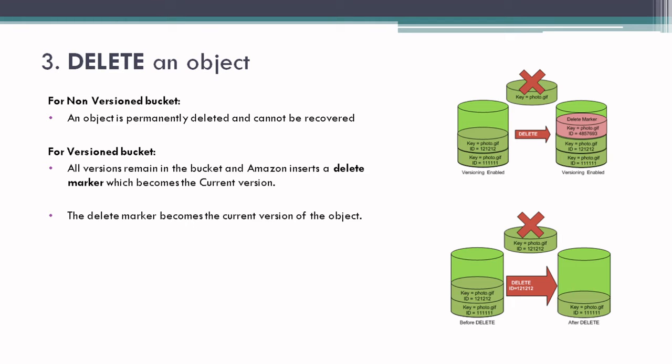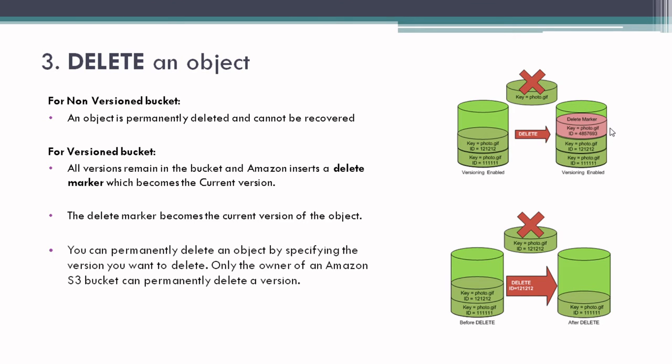The delete marker becomes the current version of the object. So this will now be your current version. You can permanently delete an object by specifying the version you want to delete. Only the owner of the Amazon S3 bucket can permanently delete a version.